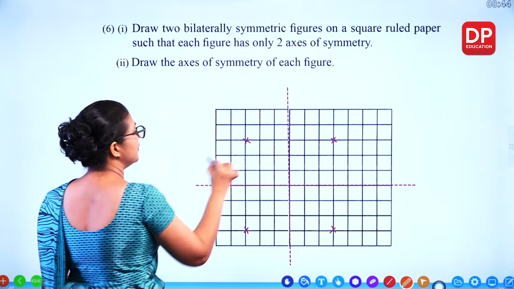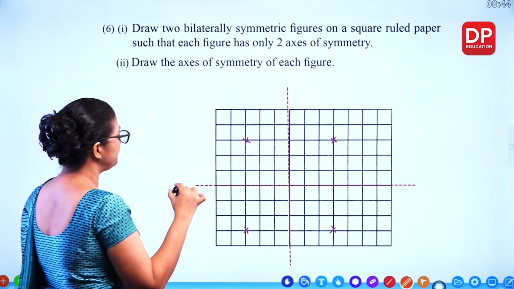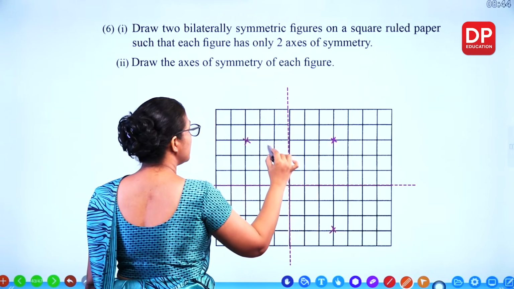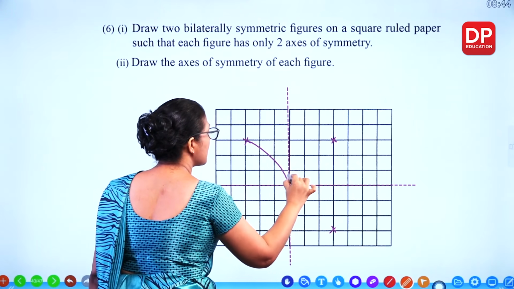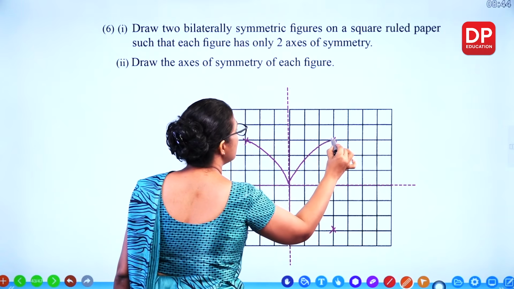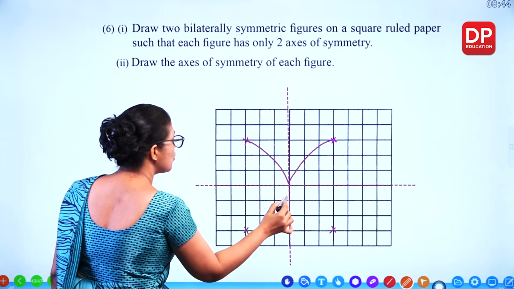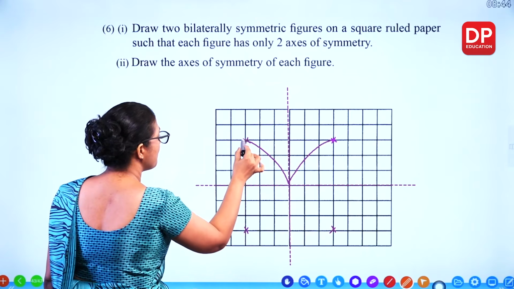Now we'll try to draw. I'll connect something like this and here this. So I have to do the same thing, no? This side should be the same.